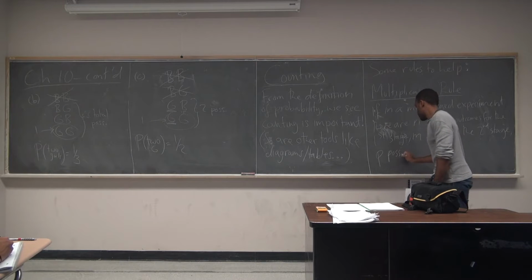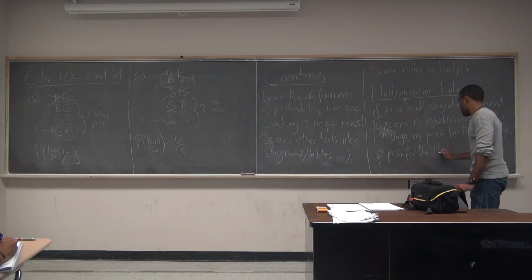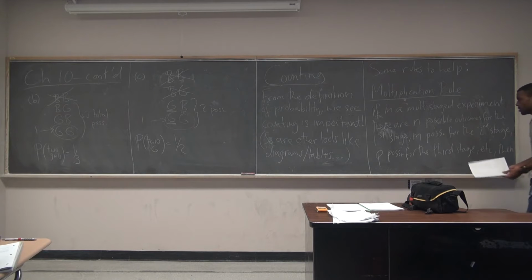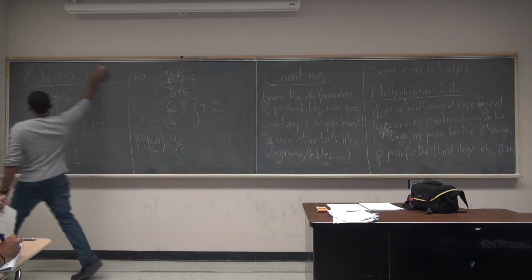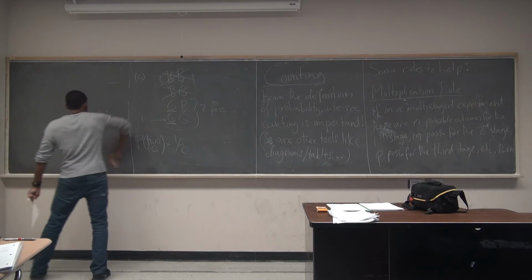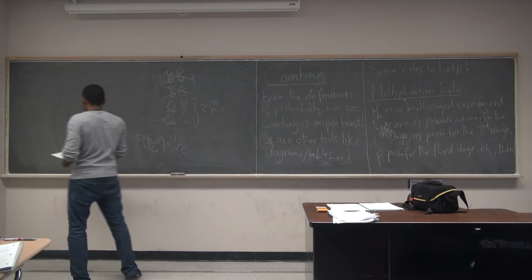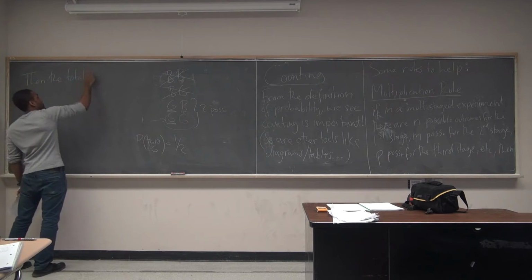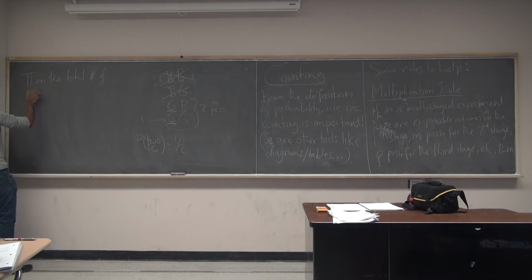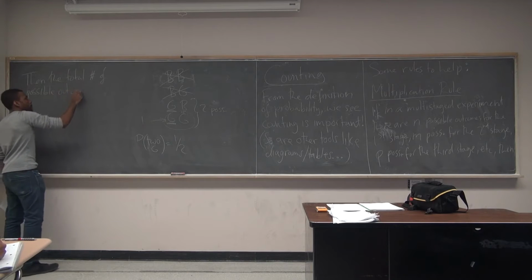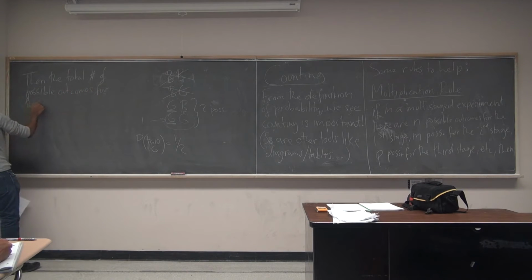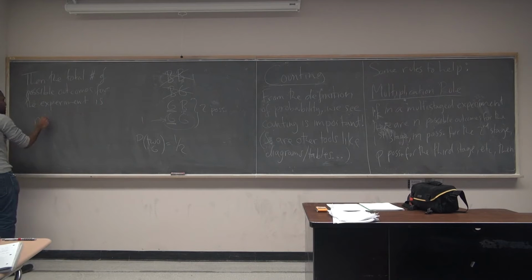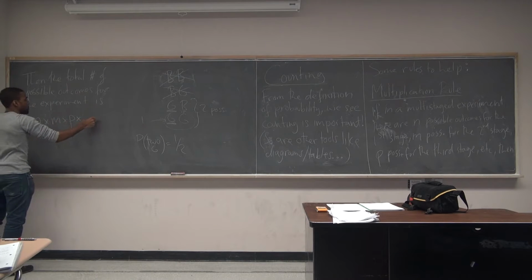P possible for the third stage, etc. Then the total possibilities of outcomes for the entire experiment is just the multiplication of all possibilities of each stage. You multiply all of them.